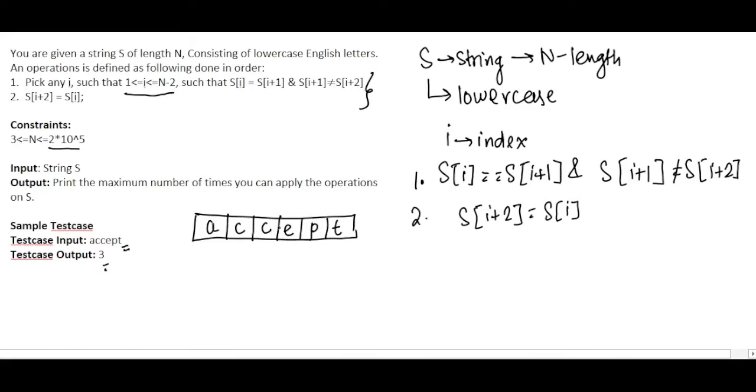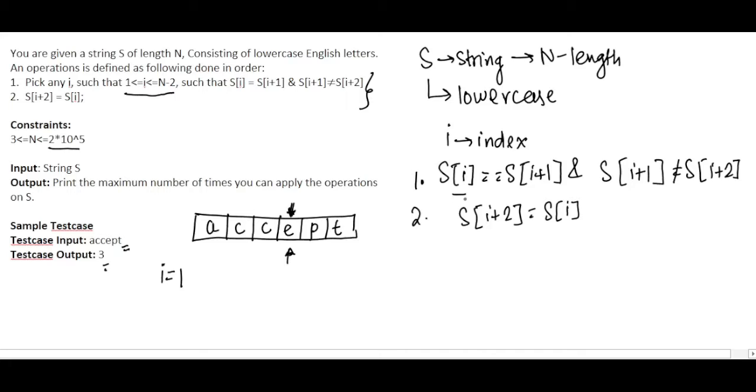If we take this string into consideration, i starts from 1 and goes till n minus 2. If the length of the string is 6, then n minus 2 is 4, so it goes till 4. We have to stop at this point and find the count.